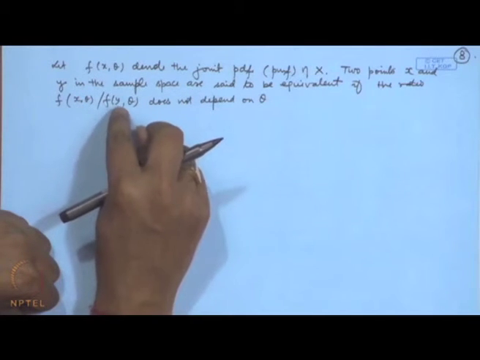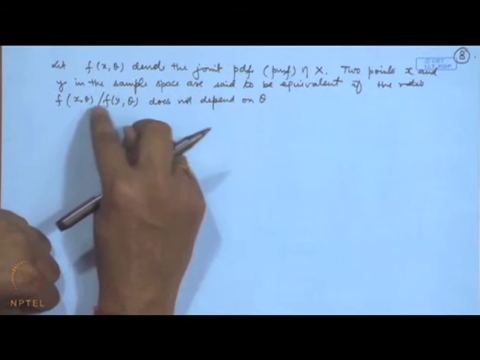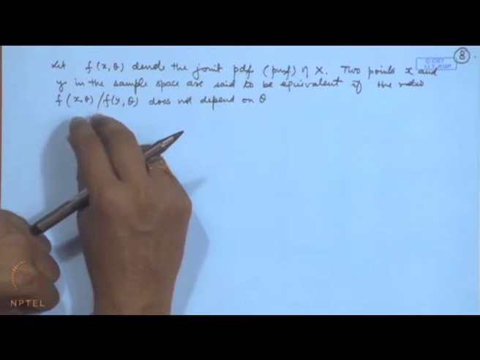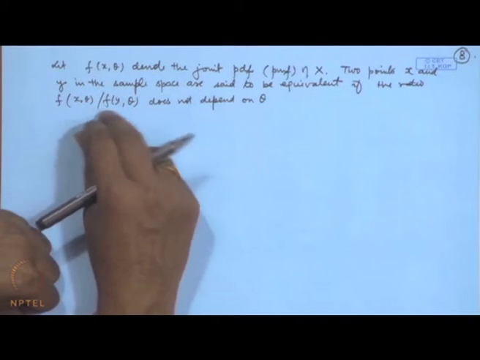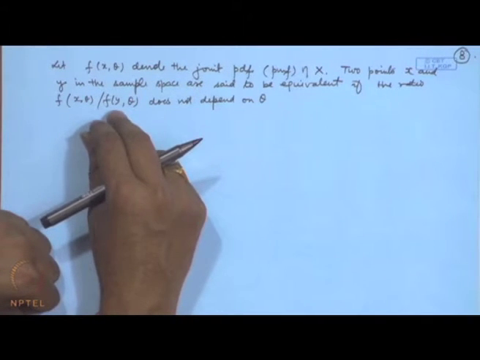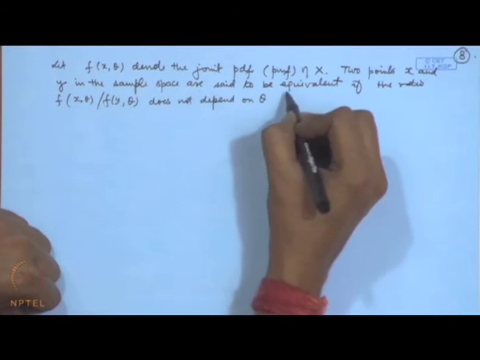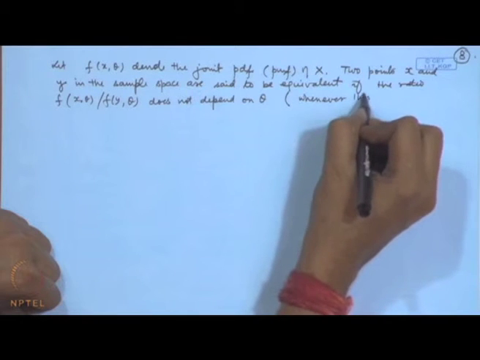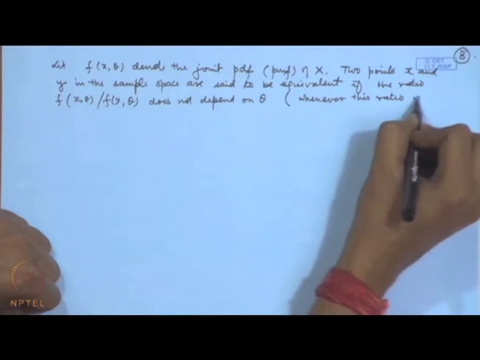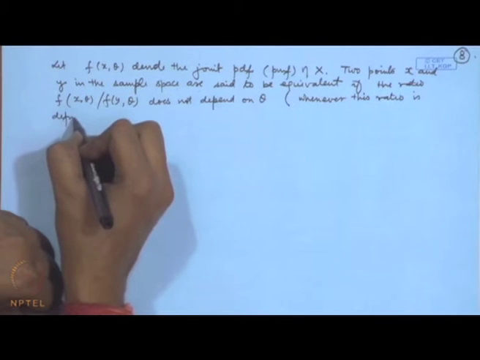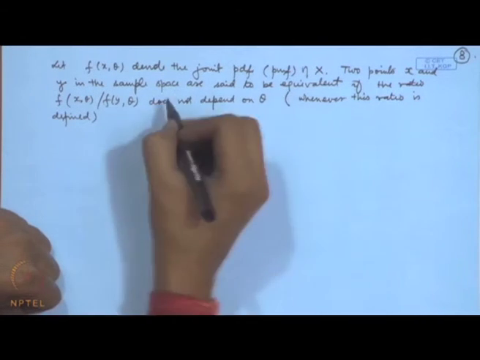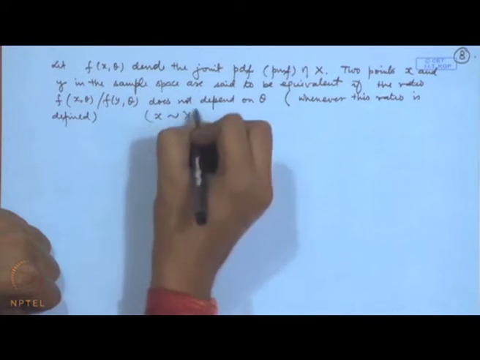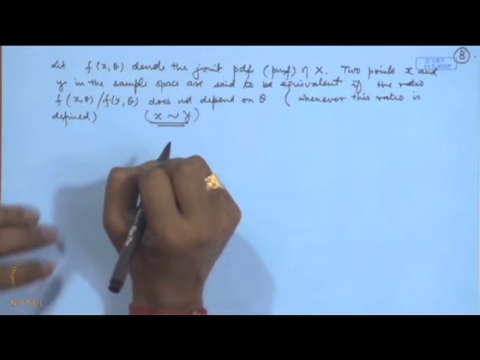Of course, when we write the ratio of the densities at two different points, there is a possibility that either the numerator or the denominator may be 0 or both may be 0. So, in that case we qualify this statement by saying whenever this ratio is defined. So, we say that x and y are equivalent, and we use the notation x is equivalent to y.